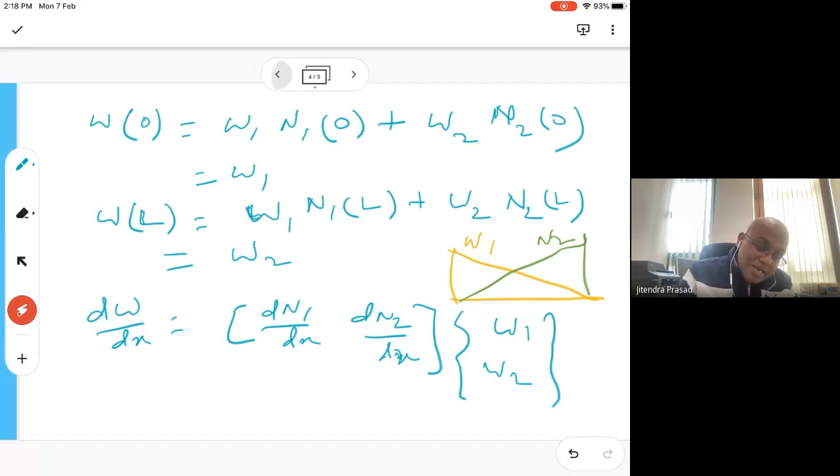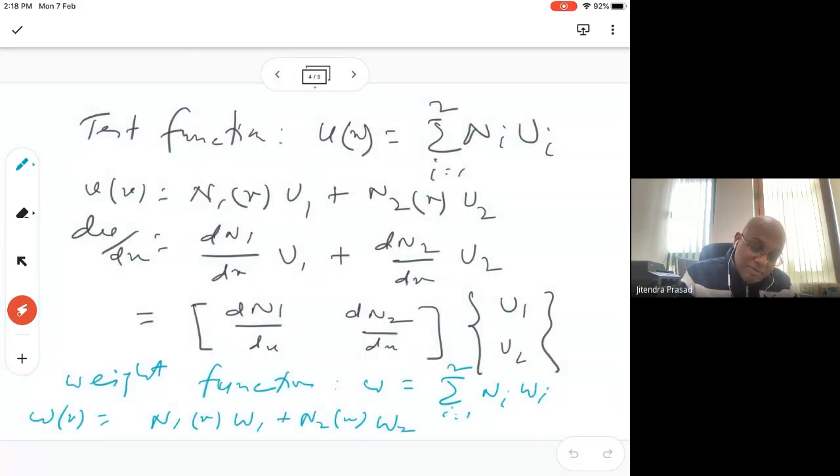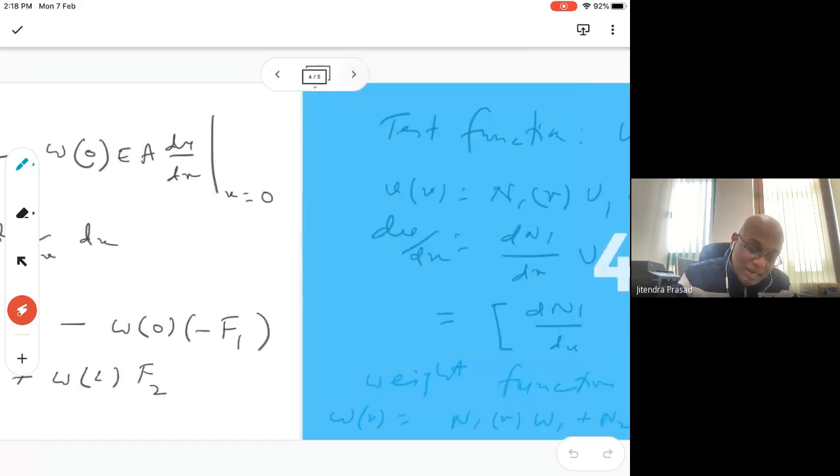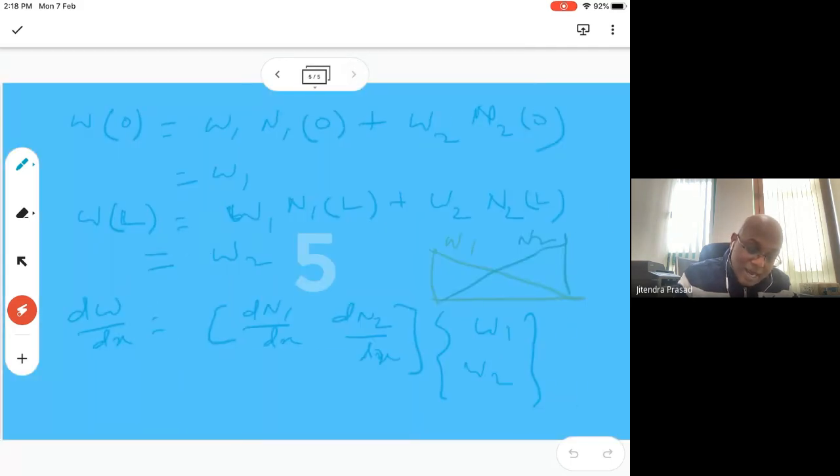Now from the left hand side, what do we have? So far we can write: w0 is w1 multiplied by F1, plus w2 times F2. That is what the left hand side is.